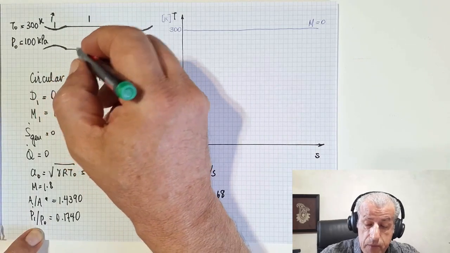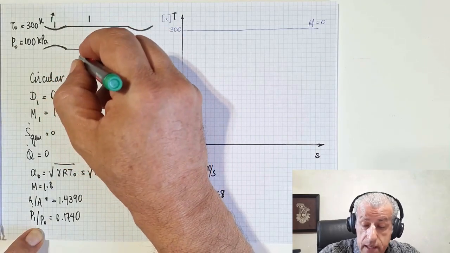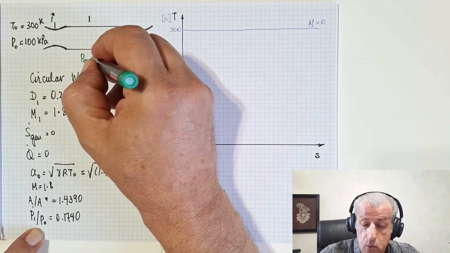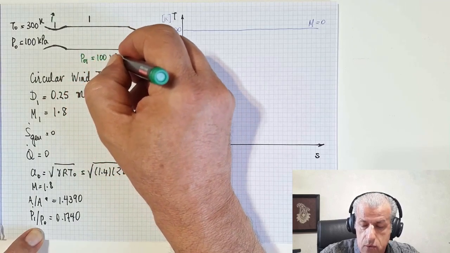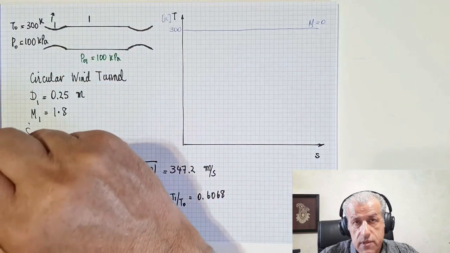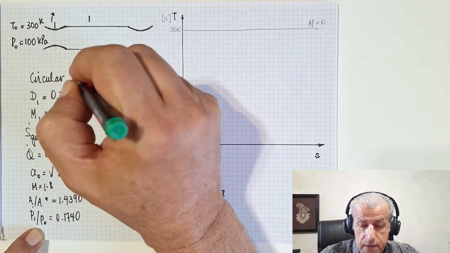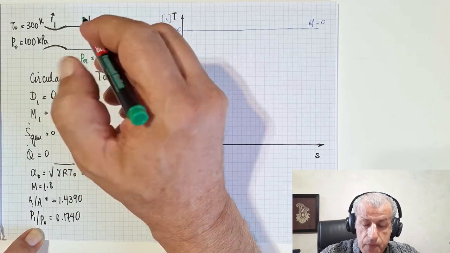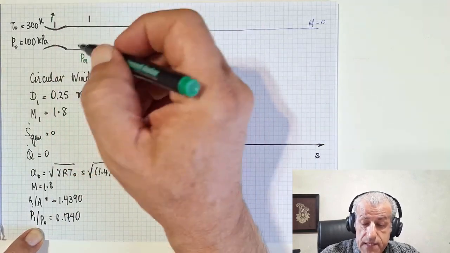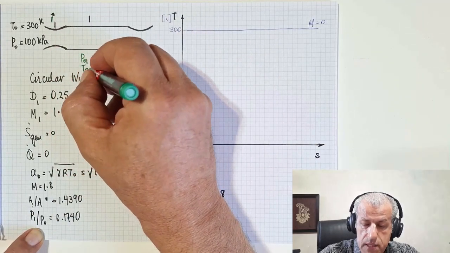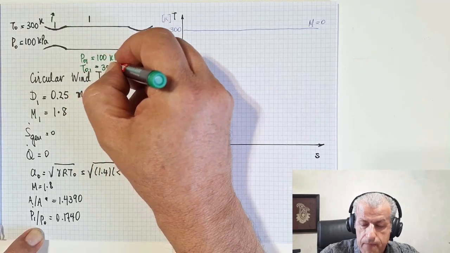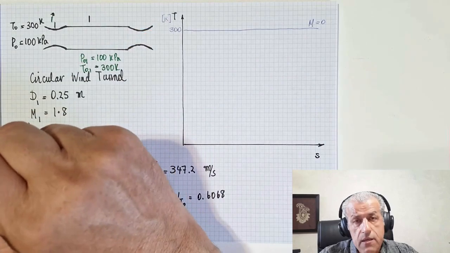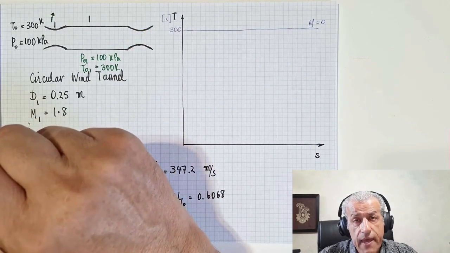So P01 equals 100 kilopascal, since the flow is isentropic. And T01 would also be 300 Kelvin, since the flow is adiabatic.